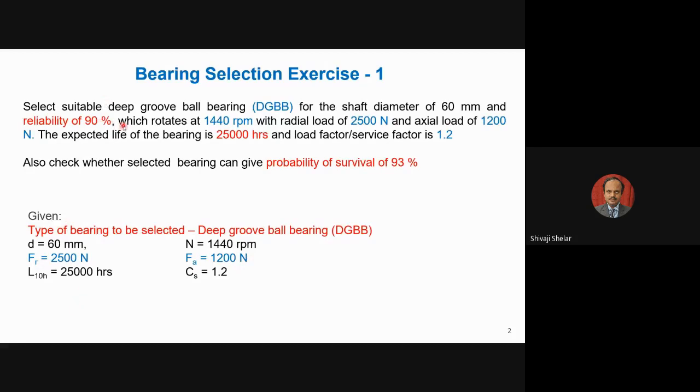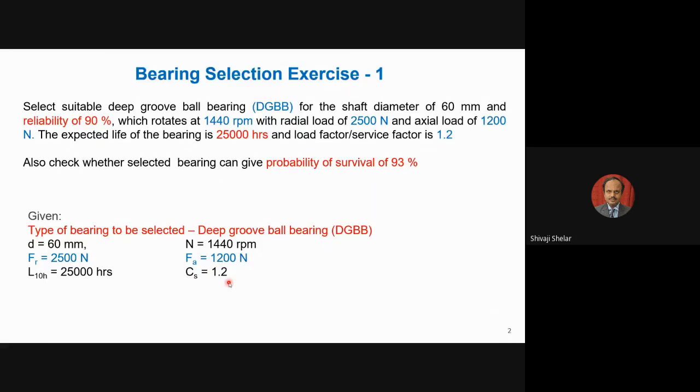Since the reliability is 90%, this life becomes the L10 life. Unless it is 90%, this life will not be L10 life. So L10 life in hours is given, that is 25,000 hours, and service factor CS is given as 1.2. So with this data, we are going to proceed.